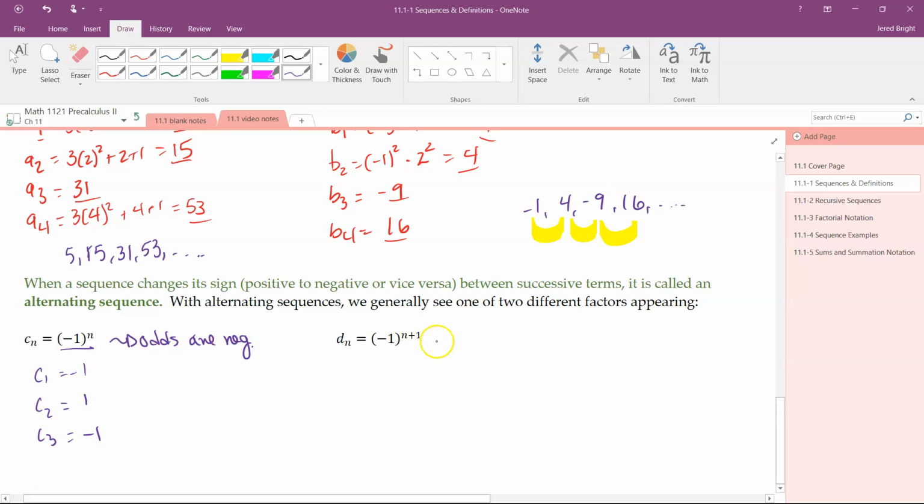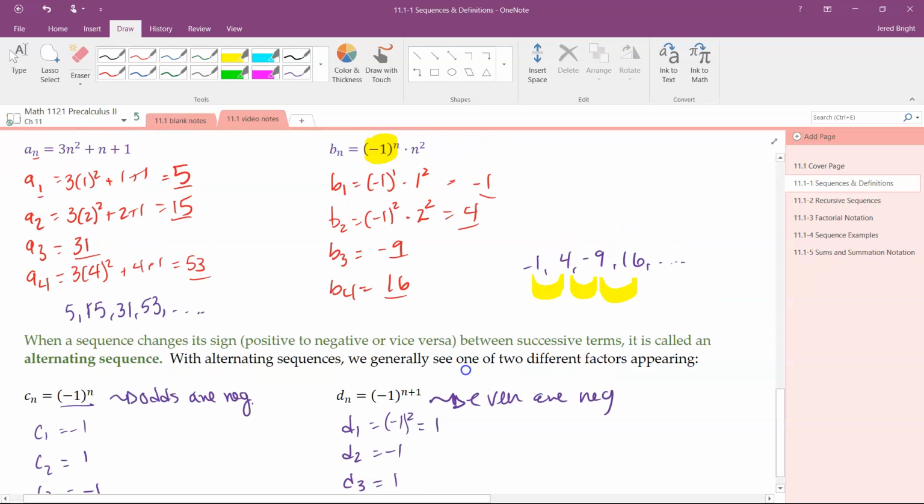And this one, similarly, the evens are going to be negative. So for example, we have d1, d2, d3, d4. This is going to be negative 1 squared, which is just 1, and then negative 1, positive 1, and negative 1. So just be aware of those in the future.